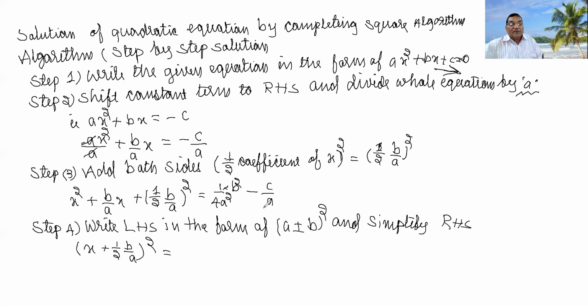And this is LCM. 4a square is LCM. And 4a square upon 4a square, and this becomes b square minus 4a into c, 4ac.